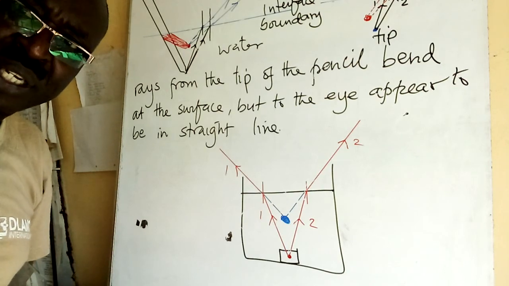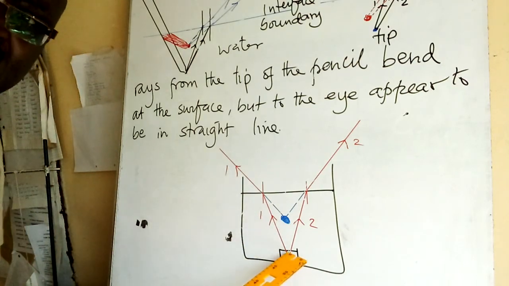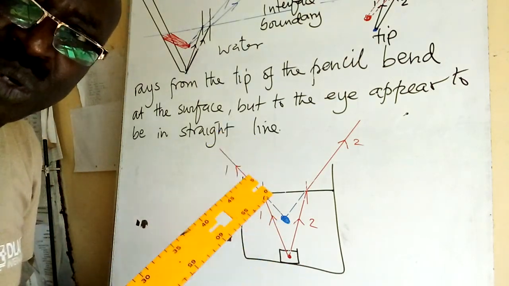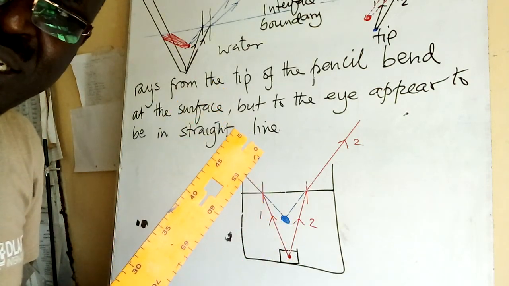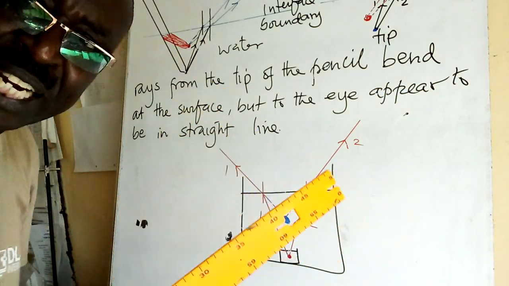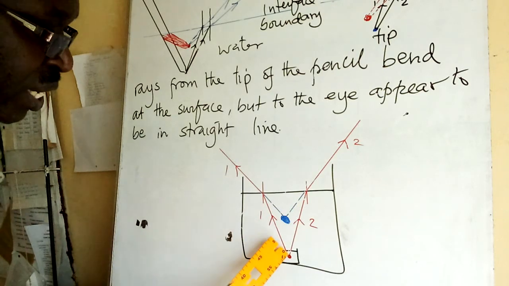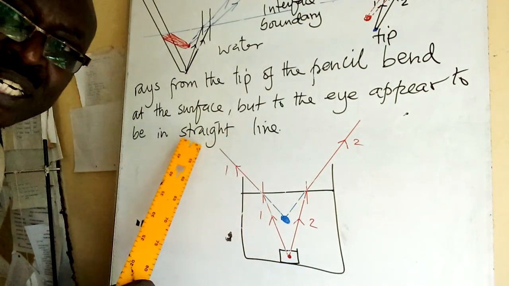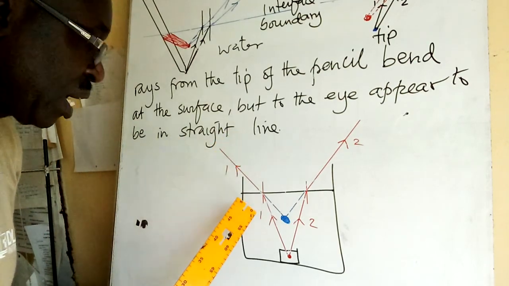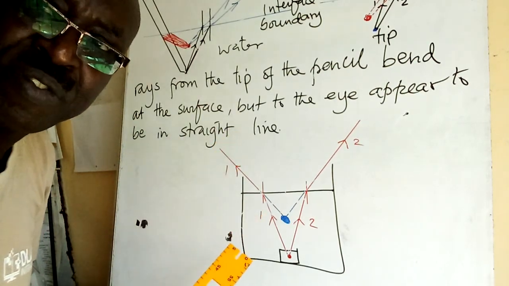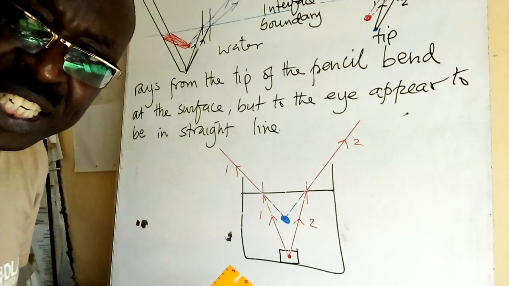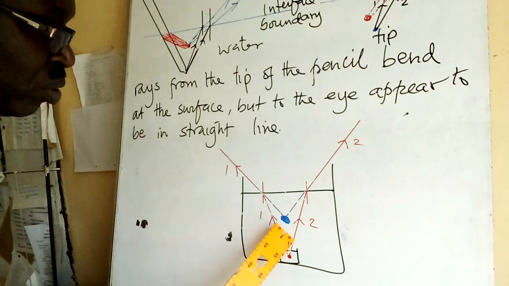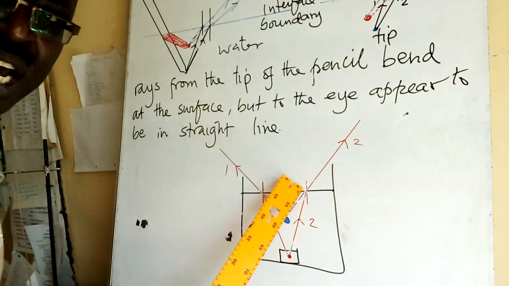For us to see the image, at least 2 rays must intersect. So the real ray number 1 is here. It does not continue straight. It is bent because air and water have different optical density. Ray number 2 is this. It reaches here.